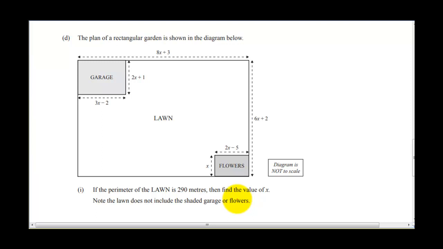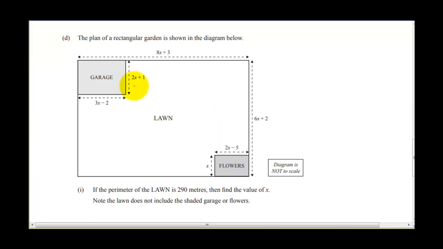Now, what do you understand by the word perimeter? When trying to solve perimeter of any shape, all you are being asked to do is add the sides. Any side that is part of the shape can be added. The length should be added. Now, notice that the question said that the garage and the flowers are not part of the lawn.